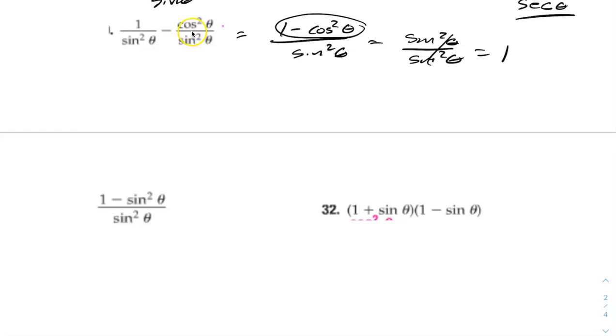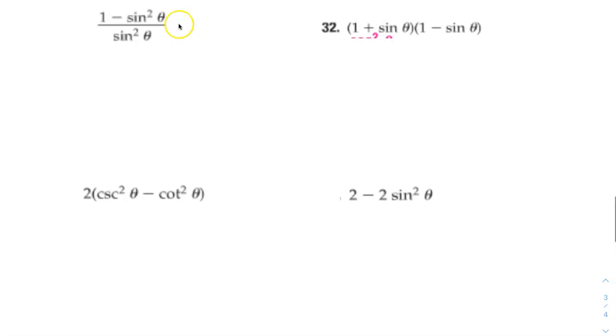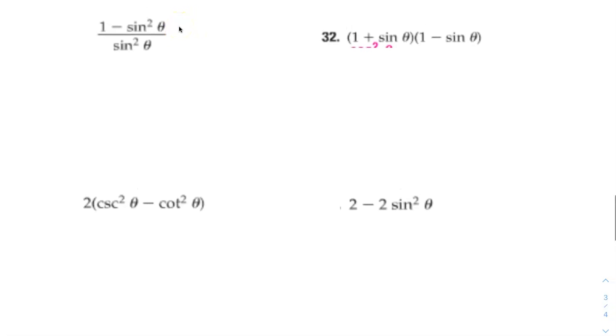So easiest way is you have to start memorizing all these formulas. Like we go to this next one down here. 1 minus sine squared. That's cosine squared. So I'm left with cosine squared theta over sine squared theta. Now it's just knowing what's cosine over sine. Cotan. And since they're both squared, I get it squared.